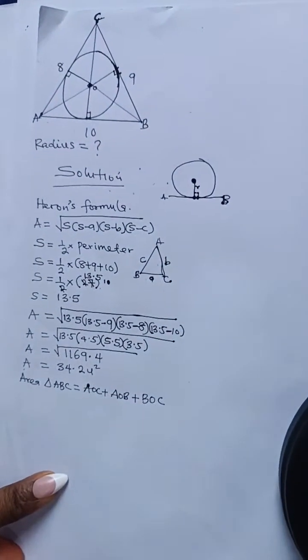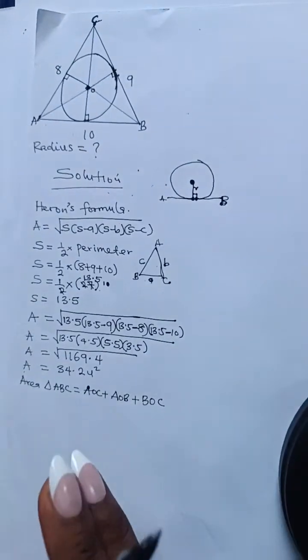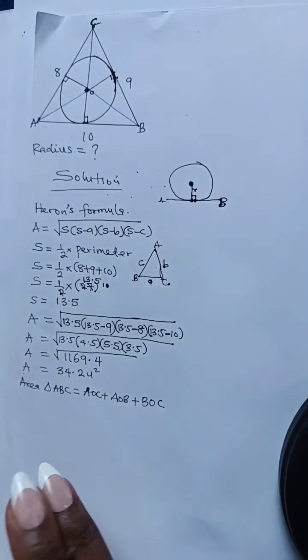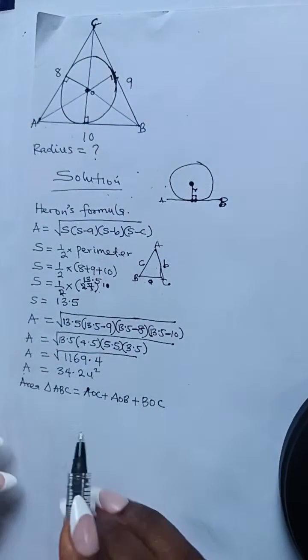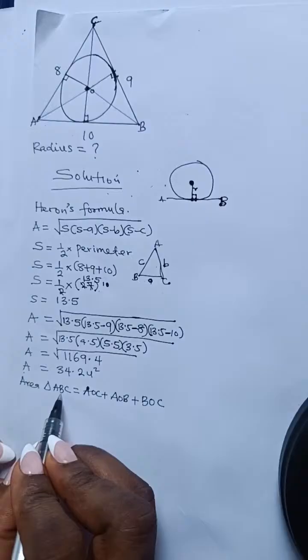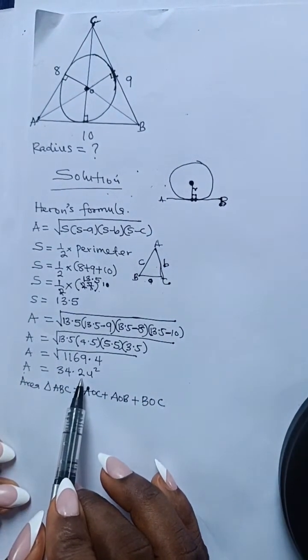Now, remember that the area of a triangle can be gotten using half base times height, right? Half of the base multiplied by the height. Now, the area of triangle ABC, you have gotten that to be approximately 34.2 units squared.